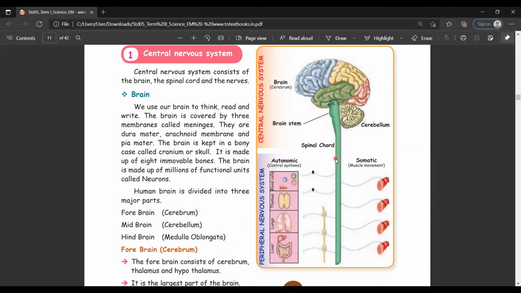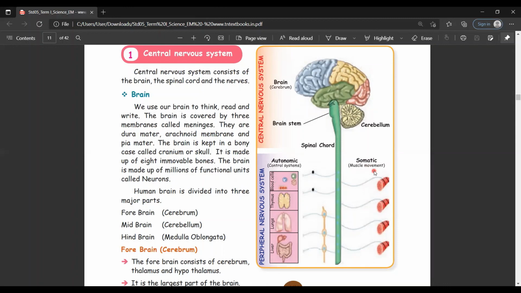And peripheral nervous system, nerves extending from the spinal cord to all parts of the body. You can see here, blood cells, thymus, lungs, liver, and here to all parts of the body. This is autonomous nervous system, the nerves controlling the internal organs. This is somatic nervous system controlling the muscle movements.